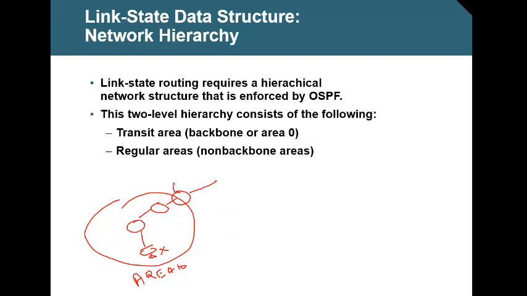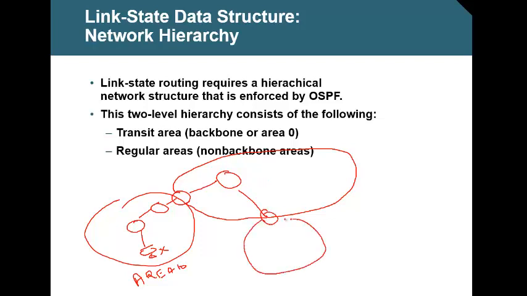Now this area 10 is connected to the backbone area. Definitely it cannot connect to area 11. So now area 11 is connected here. This is what? This is area 0 always. And now the area 11 router has got a computer here which is Y.